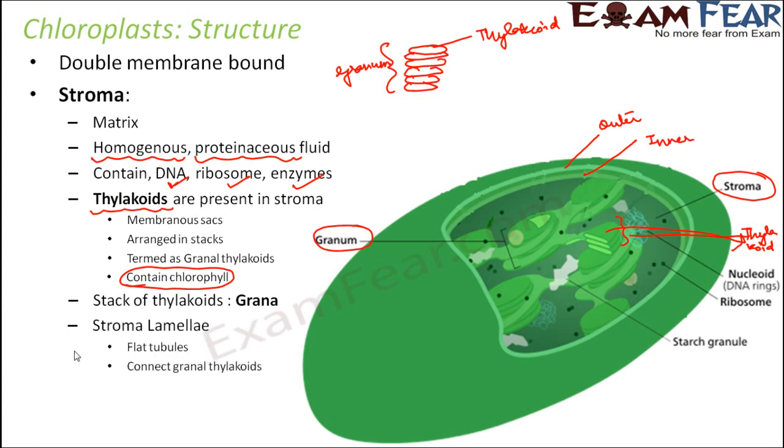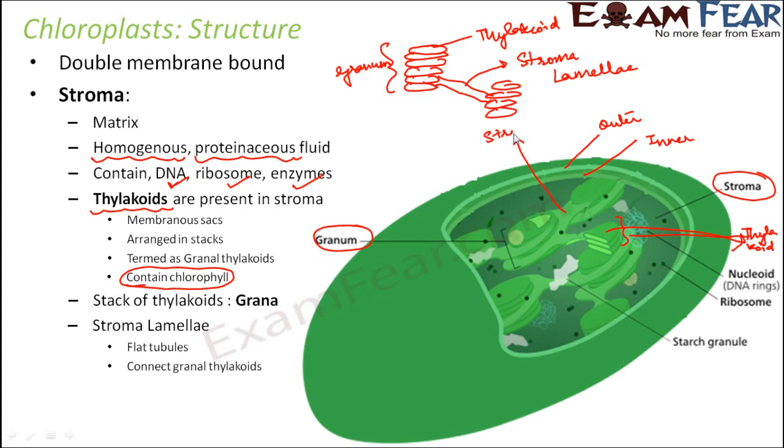Now there is another structure called stroma lamellae. What are stroma lamellae? They connect the granule thylakoids. Let us suppose there is one stack like this, there is another stack like this. There is a structure which connects these two, and this structure is known as stroma lamellae. So where do we see stroma lamellae here? You can see it here. This is one grana, this is another granule thylakoid stack.